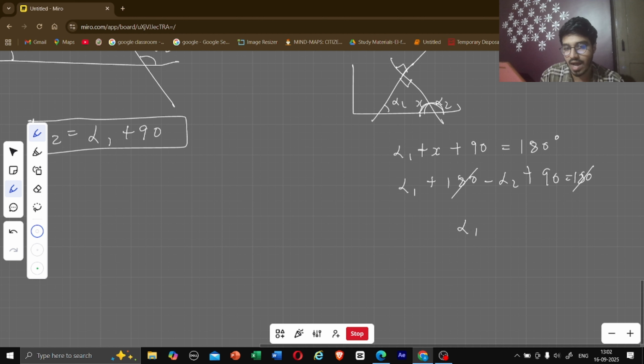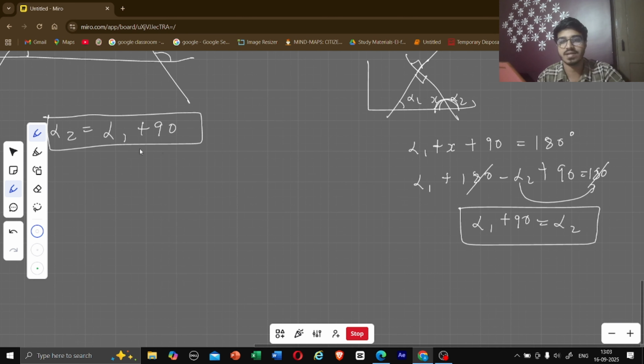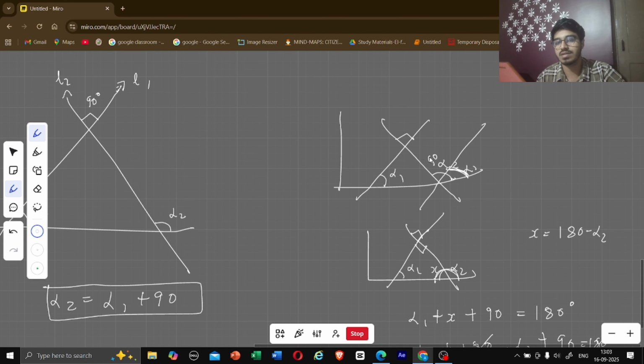So alpha 1 will move across: minus alpha 2 on the RHS is equal to, minus will become plus, alpha 2 plus 90. See, we got the same result here. Alpha 2 is equal to alpha 1 plus 90. So we have proved it in two ways.